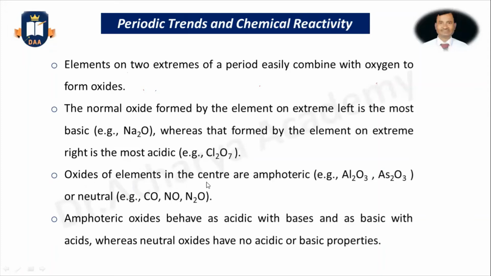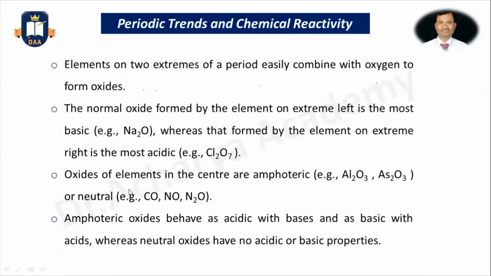Oxides of elements in the center are amphoteric. Whatever is in the center, aluminum, arsenic, these elements, their oxides are amphoteric or neutral. You know that carbon is group number 14, nitrogen is another, group number 15.